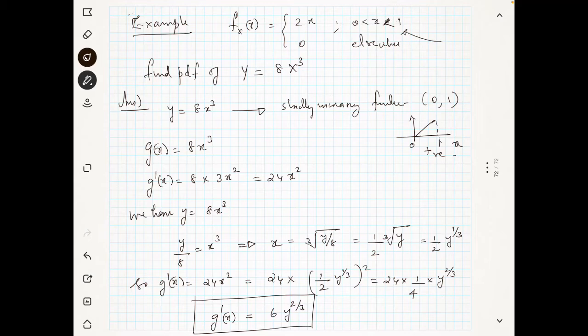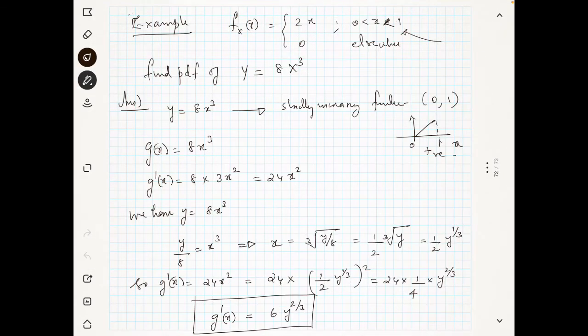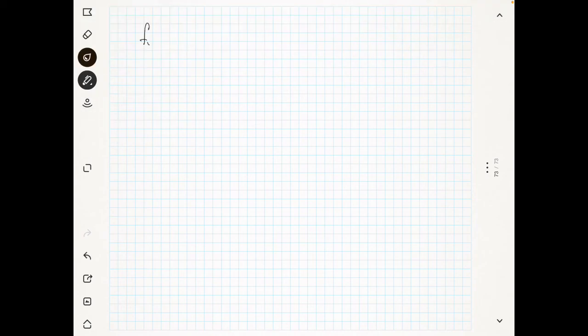It is always positive. So now we will have our PDF as follows. We have the PDF fY(y) is nothing but fX(x) divided by |g'(x)|. So fX(x) is 2x, divided by g'(x).